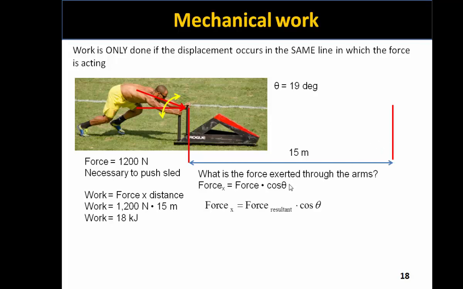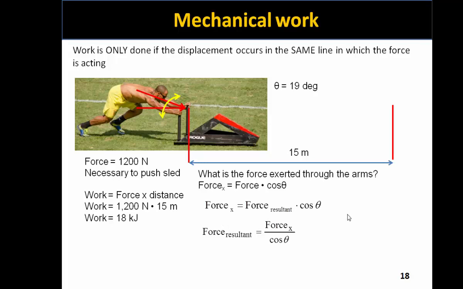But we know that the relationship between the horizontal component and the resultant force is going to be a function of the cosine of that angle from the horizon. And so understanding that we have an x force, that's what is necessary to move it. We have the angle. What we want to calculate is how much force has to come through the arms of this athlete.